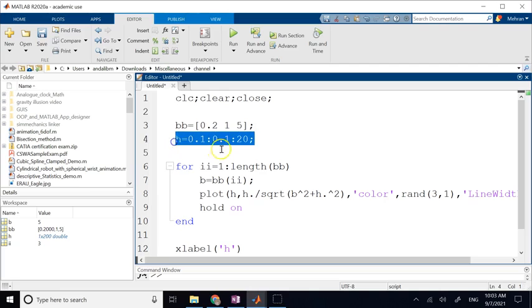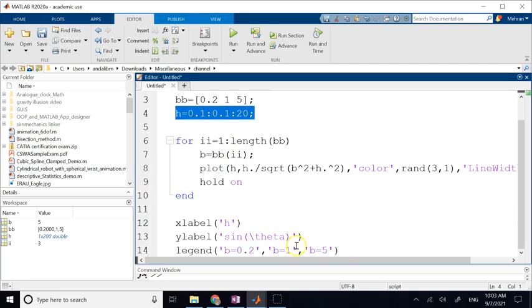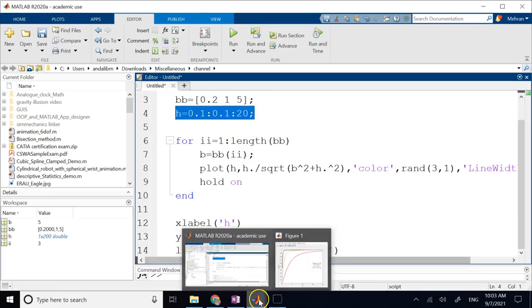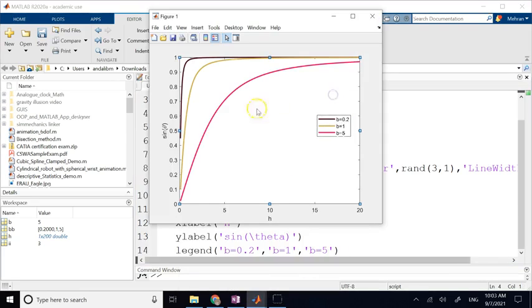I'm changing h in a range, and I'm plotting all three versions so you can see that the effect is definitely what I said. As h gets bigger, the sine of theta gets bigger, and you see it does not really depend on b. Of course, the way it increases depends, but the behavior of all of them is monotonously increasing, okay? So the choice of b is not really going to affect the overall behavior.